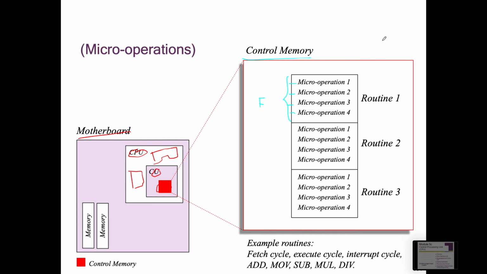This is called micro-operations, and your micro-operations are called routine 1 here, for example, for a fetch. And then you have routine 2, routine 3, and so on. So this is an example: fetch cycle, execute cycle, interrupt cycle. You can have the operations of add, move, sub, mul, and also div.